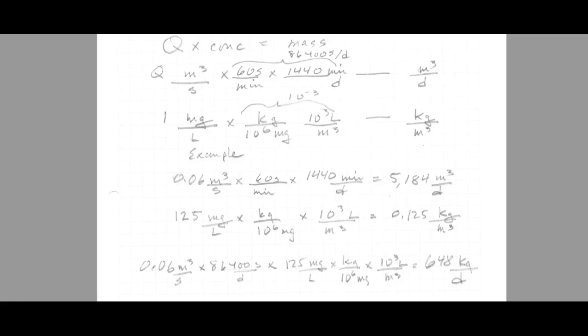So if you combine these, the flow, the seconds per day, and the concentration, you end up with 648 kilograms per day. This is a kind of question that you're going to be dealing with time and time again in the class. So hopefully these hints will be helpful to you.